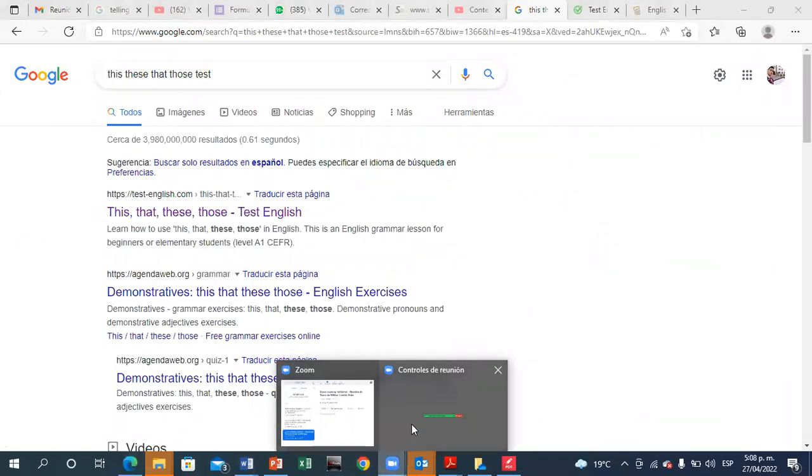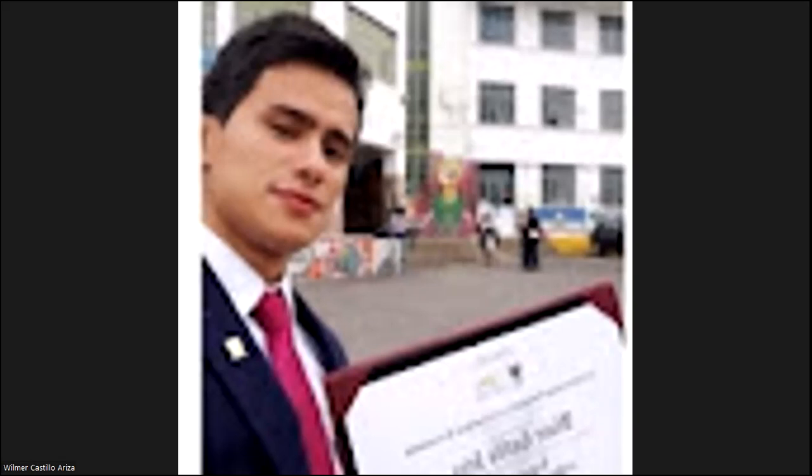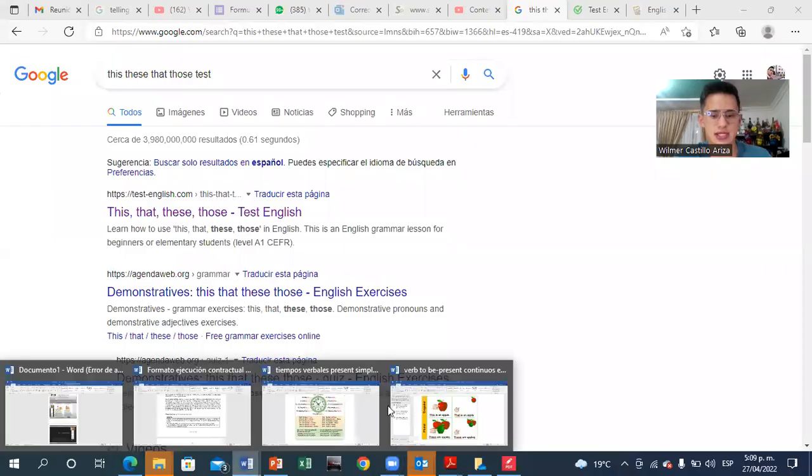A ver, quitamos lo de la pantalla. No sé por qué ahorita no me estaba dejando ver, pero creo que ya se ve, ¿cierto? Sí, ahora sí. Listo. Entonces, les voy a compartir acá. Wait a minute. Bueno, otra vez estamos acá.